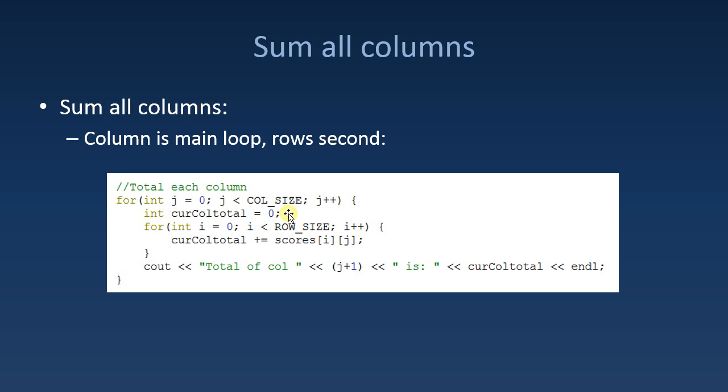I'll initialize a total to 0, go through each row and access the current item in the current row and column and add that to the total. Then I can print out what the current total is, come back up, start the next column. If I want to total each row, it'd be the same exact recipe, only I'd switch. The outer loop would be the rows, and the inner one would be the columns.